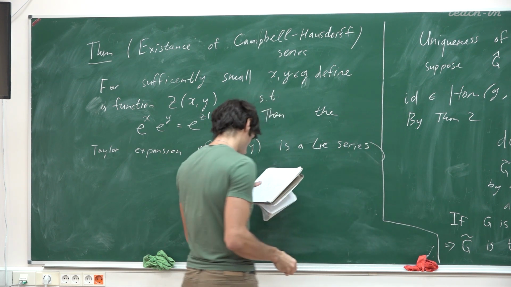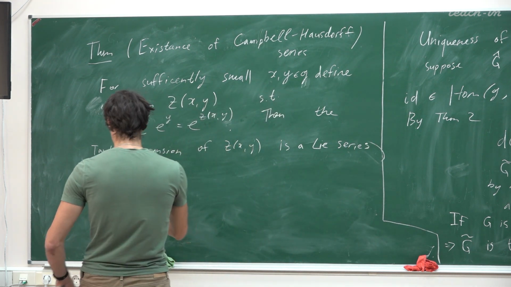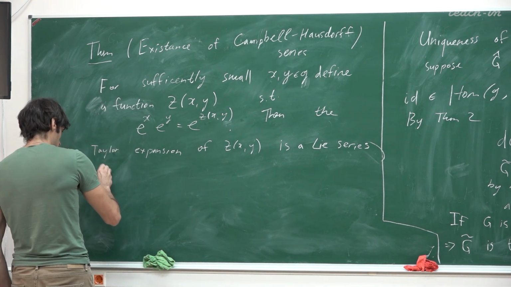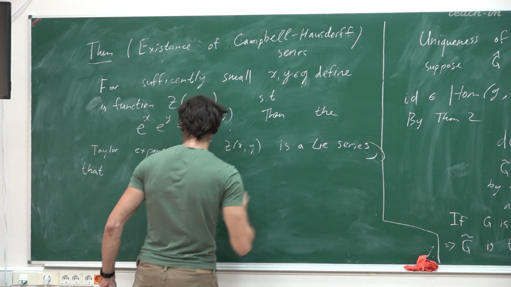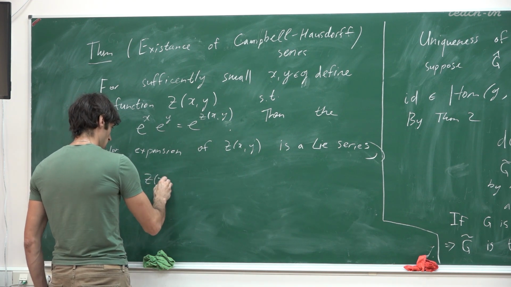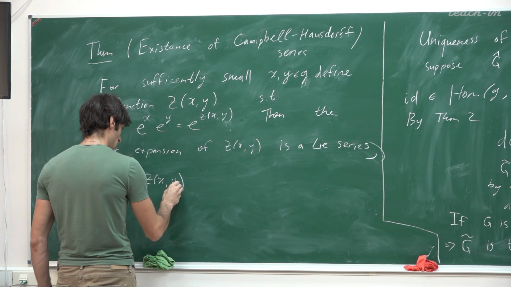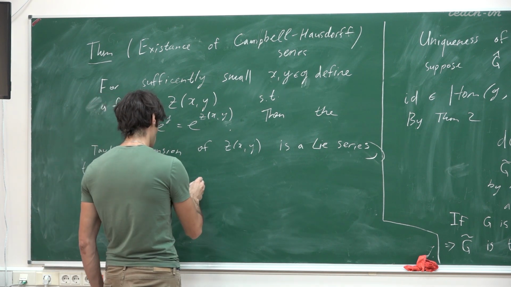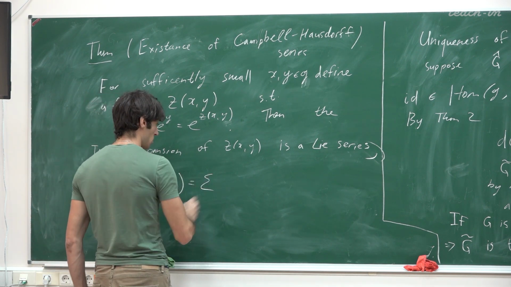So what does it mean? z(x, y) is a series of this sort.